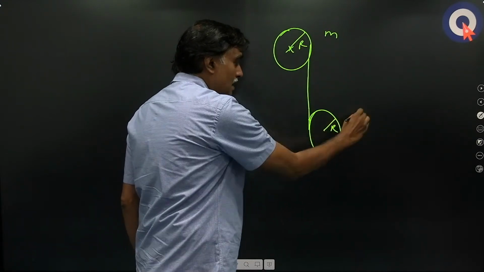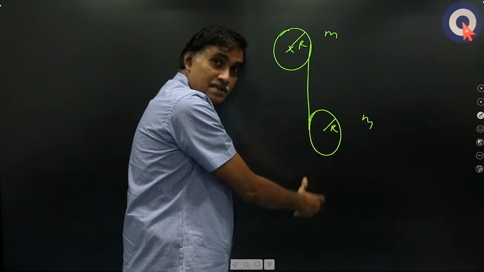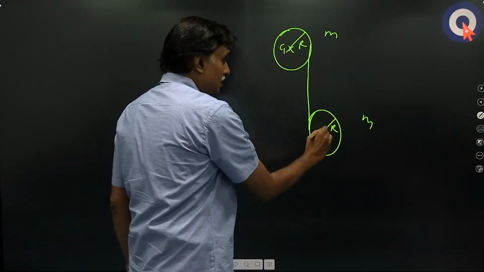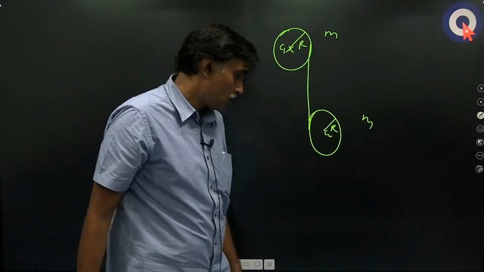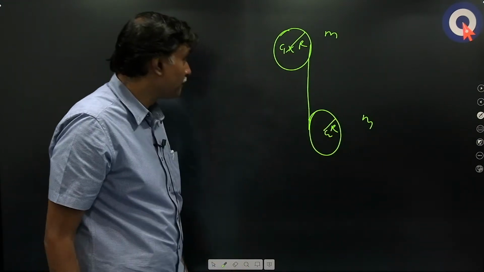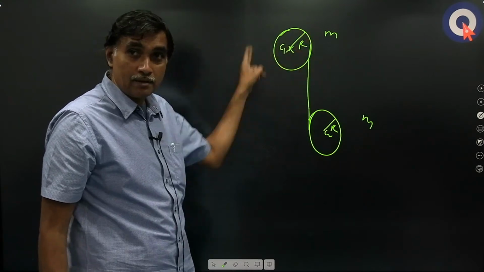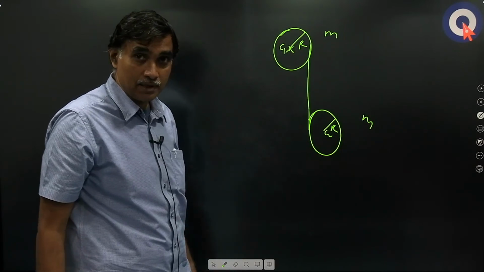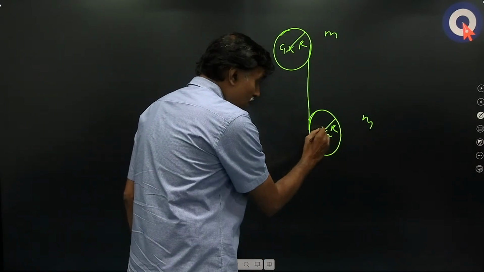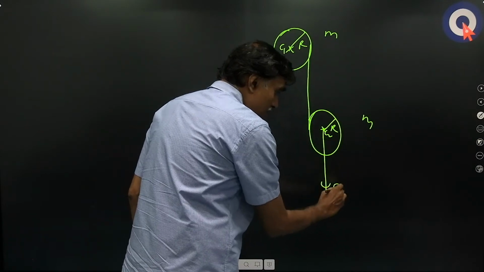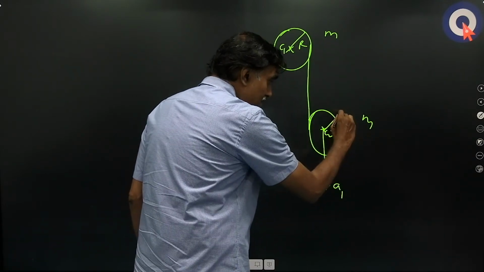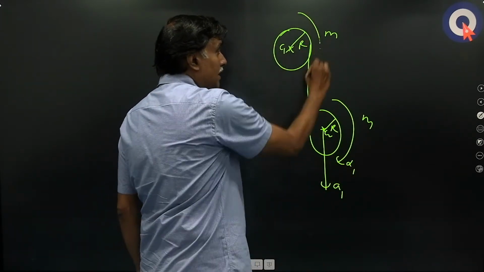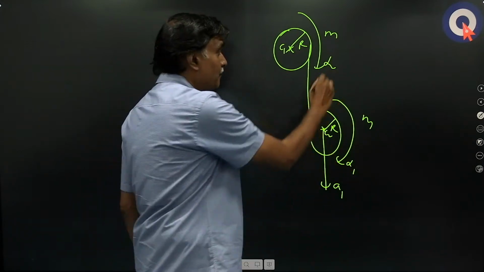This is also radius r, mass m, but this is free to translate, and it can also rotate about its center of mass. Let us say its center is C1, and this is C2. This is fixed, it can only rotate. Now you have to find the tension, acceleration, angular acceleration, everything. So assume the acceleration of the center of mass of the cylinder is A or A1 and the angular acceleration is alpha 1. And for this one, the angular acceleration is alpha 2.